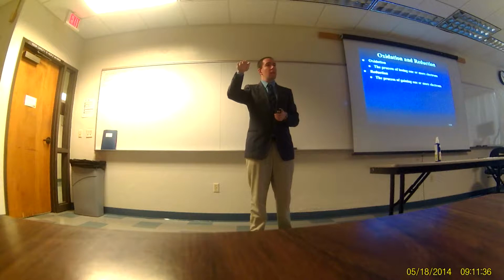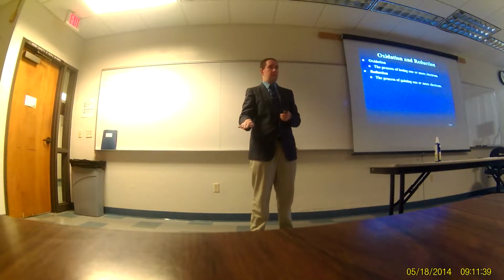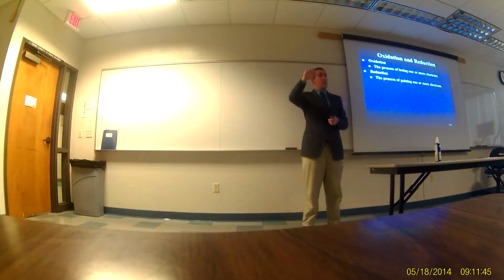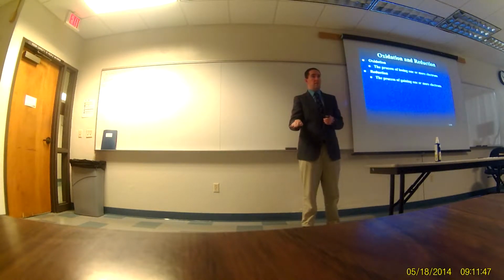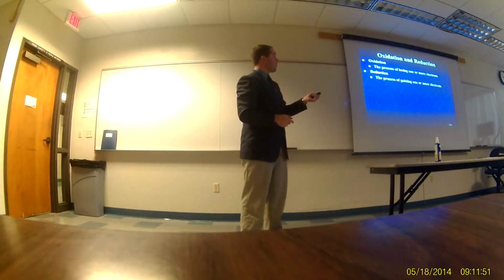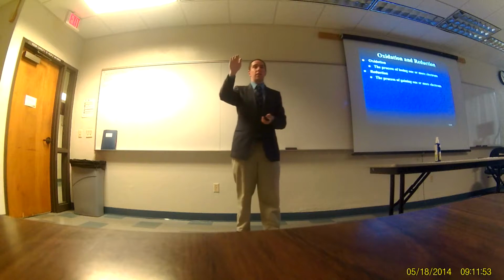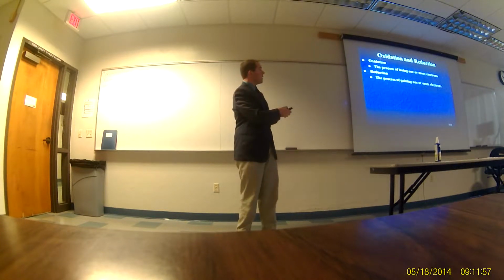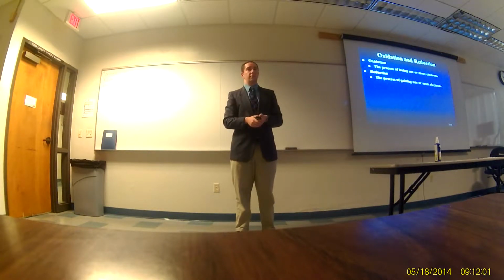That charge went down on a number line. Does that make sense? That is reduced. That charge is getting reduced to a smaller number. That makes sense to me. That's how I remember reduce. If the charge is going down, that means it's gaining electrons. And so oxidation, by process of elimination, must be losing electrons.